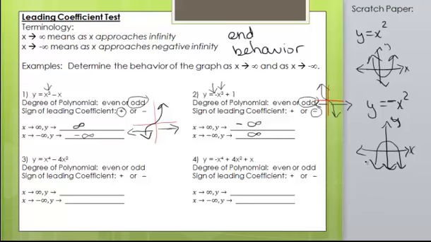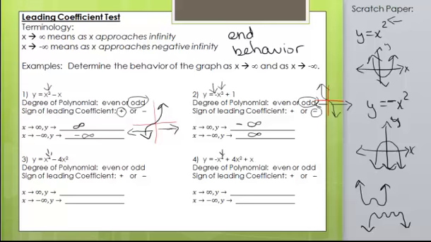Well, what I want you to take away from this is, anytime you have an even exponent, your graph will look kind of like a parabola, but you could have crazy stuff going on in the middle. So like if you have x to the 4th, like these two are right here, you could have something that looks like this. Or you could have something that looks like this.